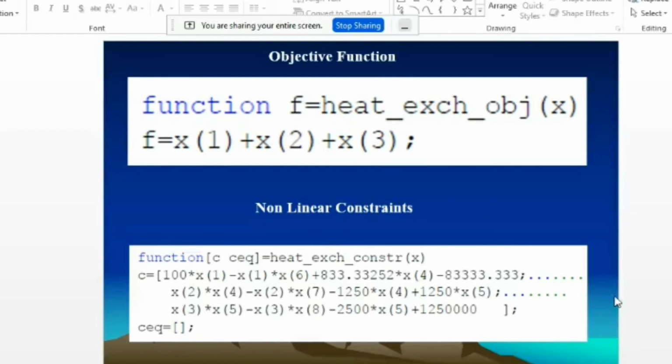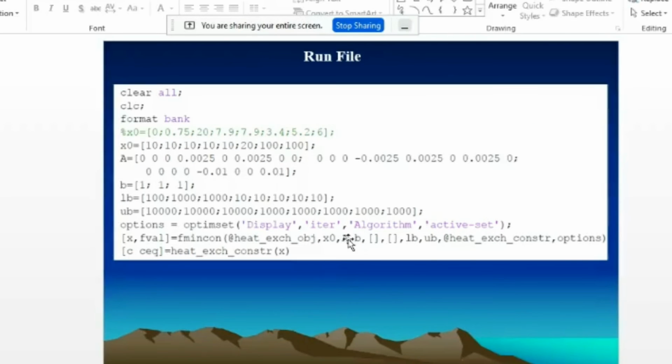So in the same line, instead of typing all the constraints, just by putting the dot dot dot, that represents the continuation of the same command prompt, right? Continuation of the same syntax. And then again c ceq is an empty square bracket. So here another m file for nonlinear inequality constraints. Then again another run file is written, run file.